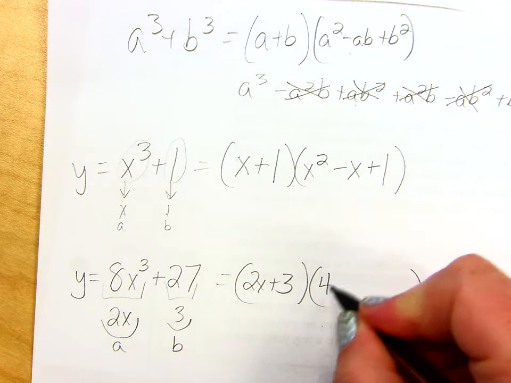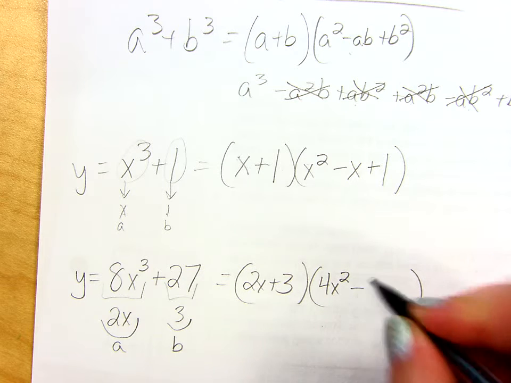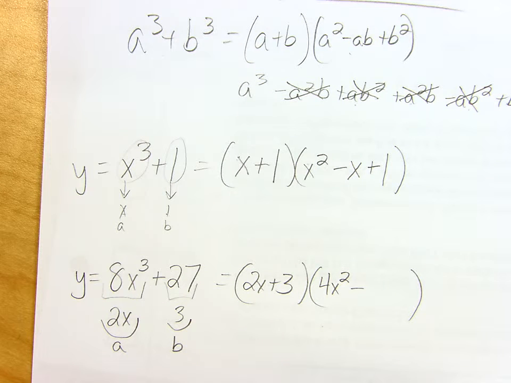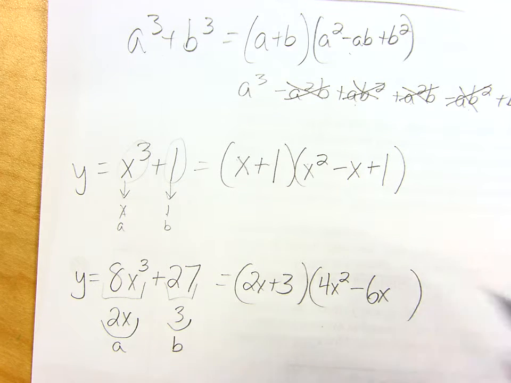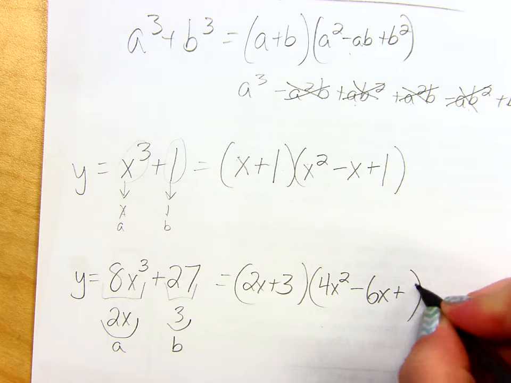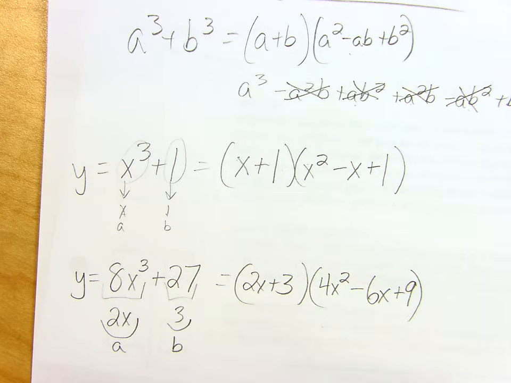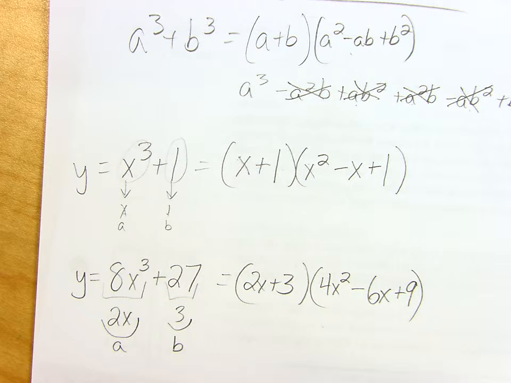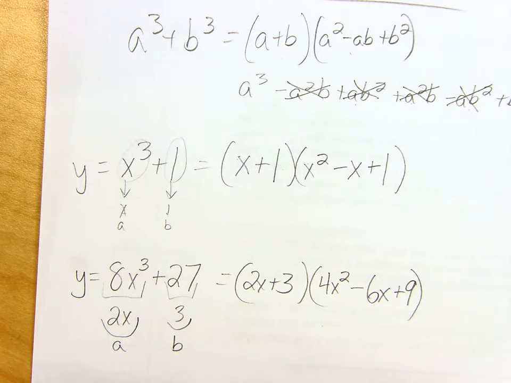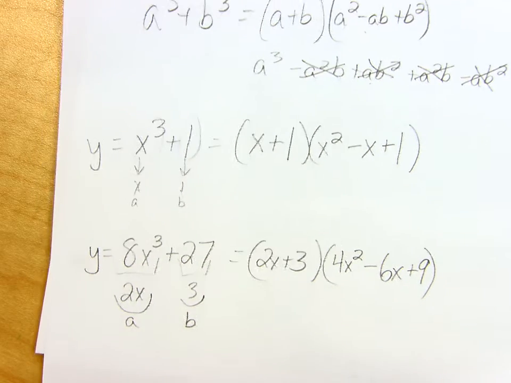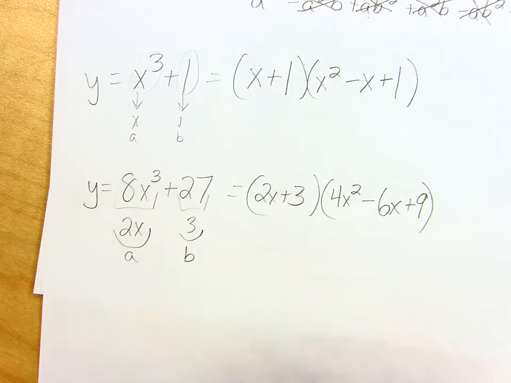So it'd be 4x squared minus the product of the two, so minus 6x and then plus b squared. Plus 9. Perfect. Does that make sense? So is that just your answer then? Well, that's it in factored form. We're going to go one step further and then solve it, but we need to know how to factor it first.